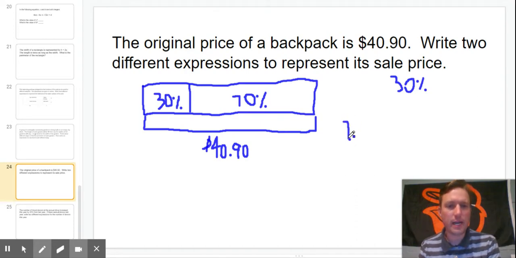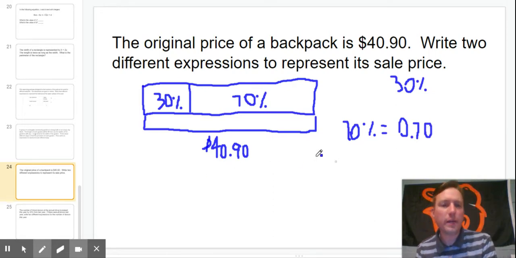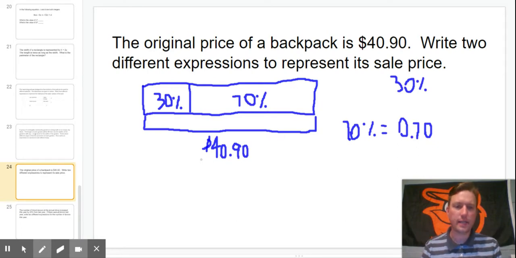Percents are out of 100. So 70% of that would be 0.70, 70 hundredths. So one way to solve this would be to multiply 70 hundredths times our original price, and that would get us our sales price.